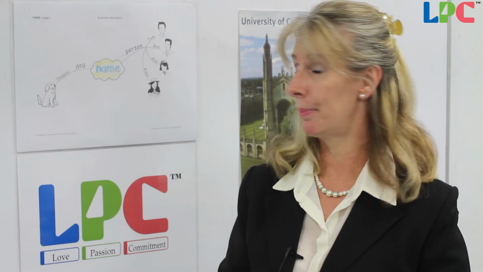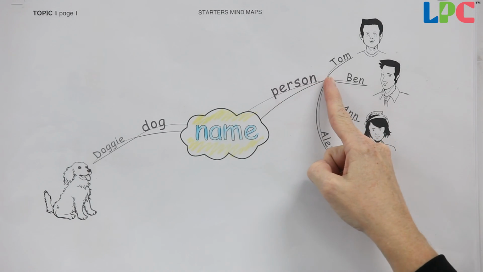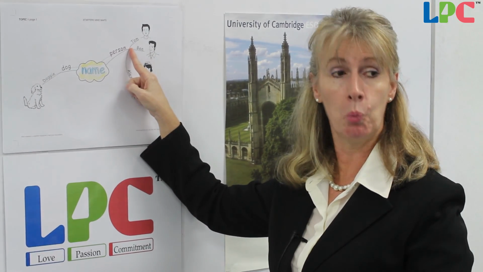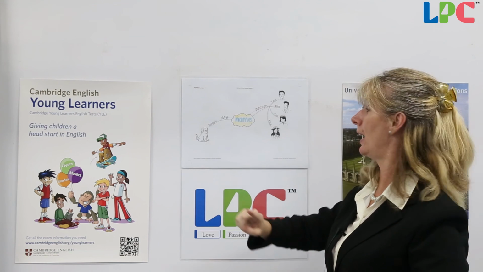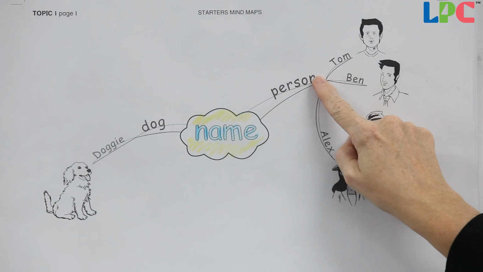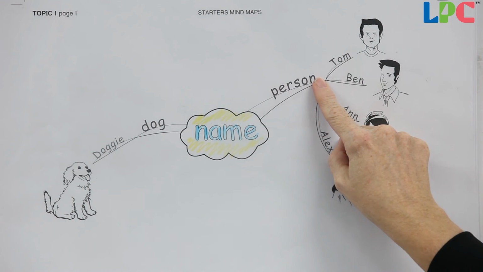Back to the mind map. Again, you're going to move directly to the first strand, which, as you'll remember, I mentioned earlier, is typically around 1 o'clock.